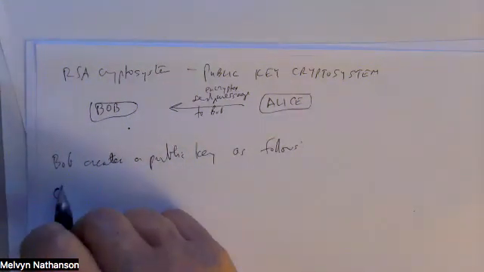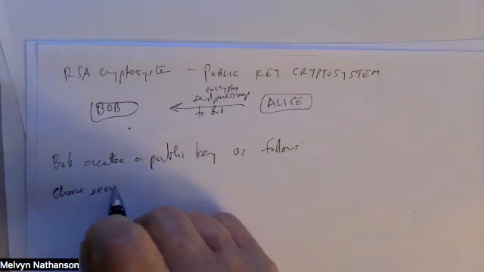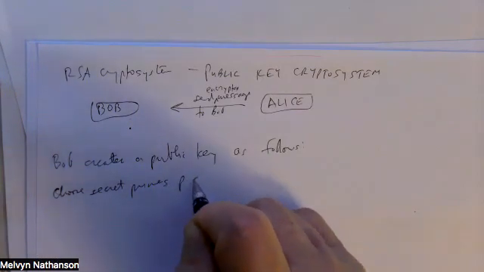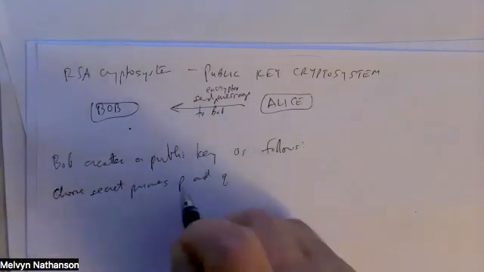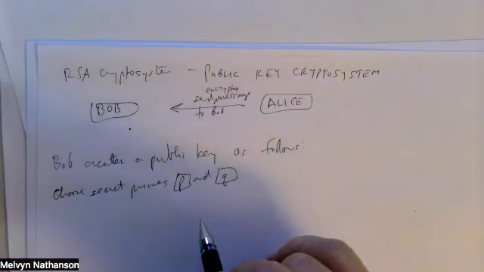Bob chooses two secret primes, P and Q, distinct odd primes.